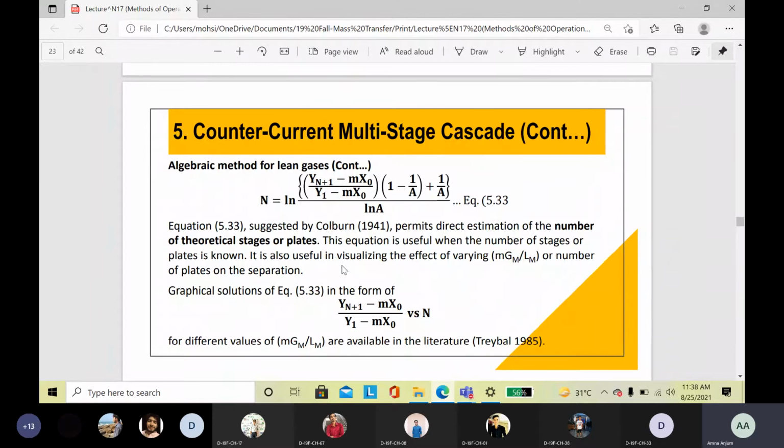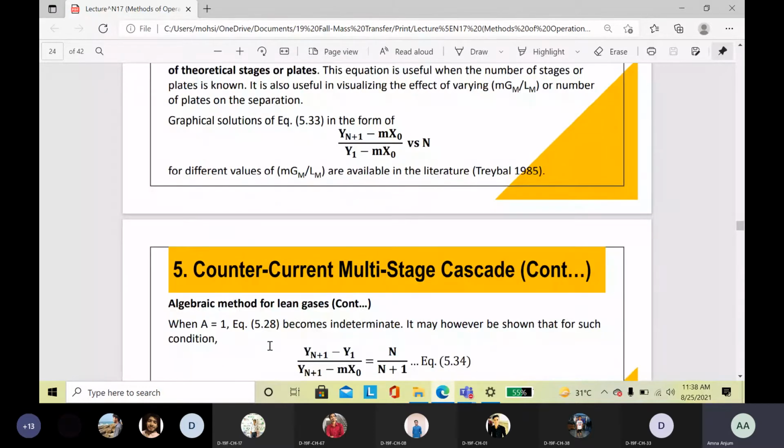It is also useful in visualizing the effect of varying mGm over Lm on the number of plates for the separation. The graphical solution of equation 5.33 is in the form of this. For different values of mGm over Lm, these are available in the literature.